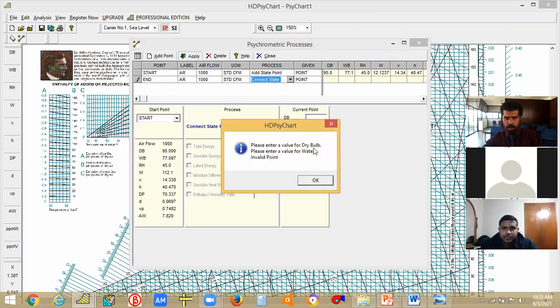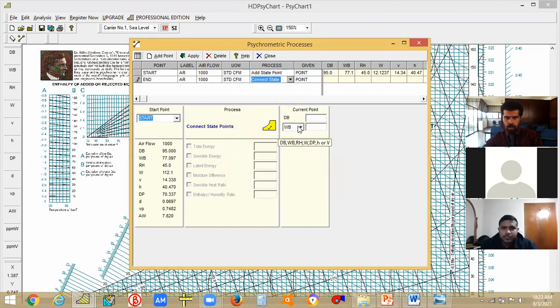Please enter a value for dry bulb. Please enter a value for wet bulb, invalid code. So here what I have to do is, initially before coming to this, 95, I have to connect both, right? Dry bulb, wet bulb I have given, I think 75.